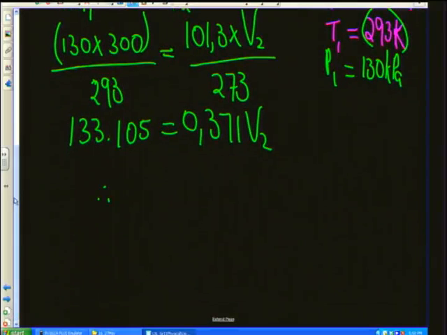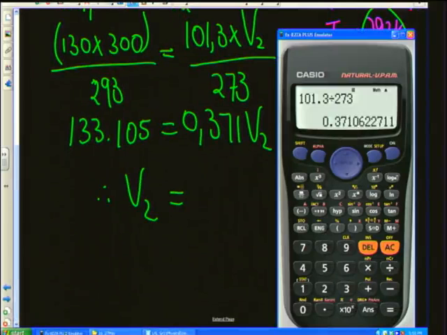Therefore, your V2 would be equal to 133,105 divided by 0,371. Okay, are we there?